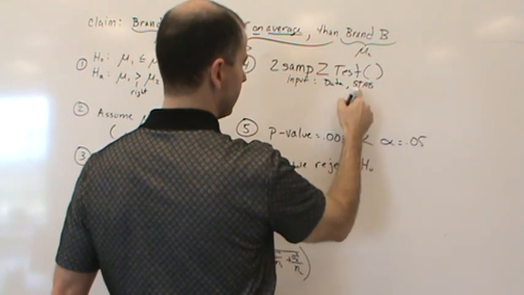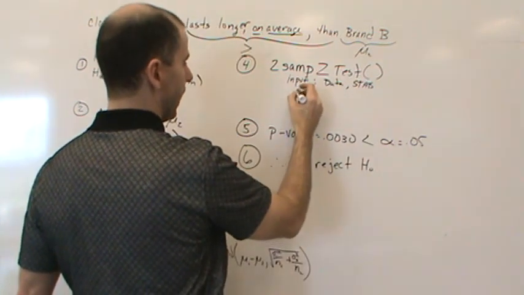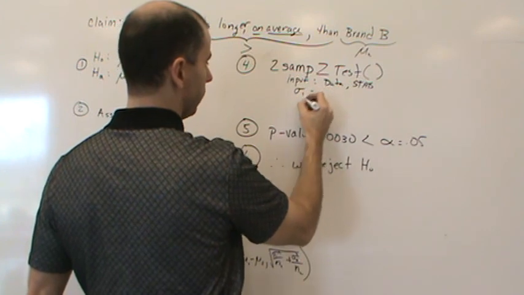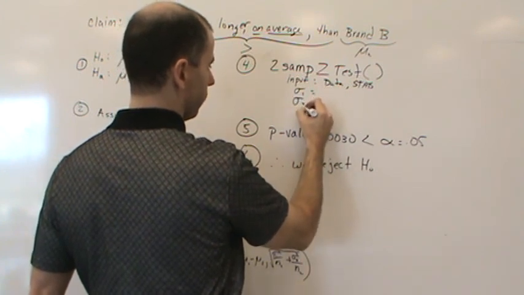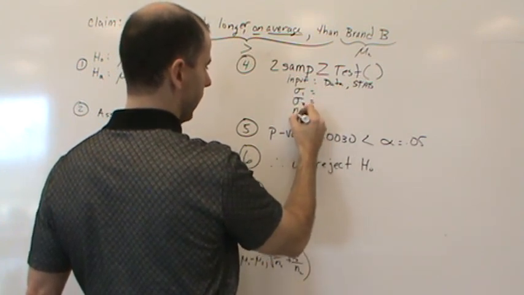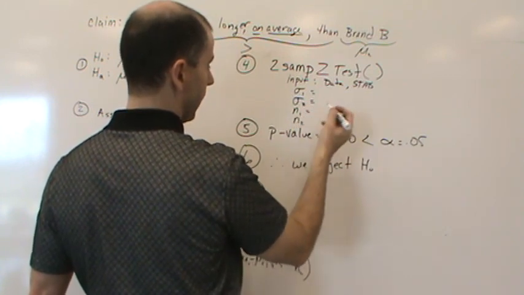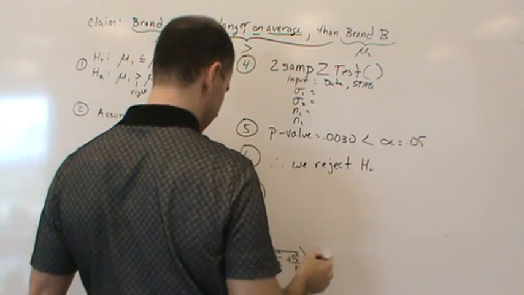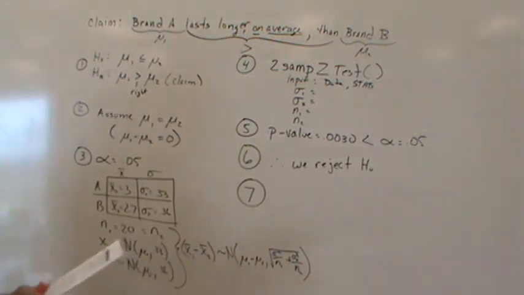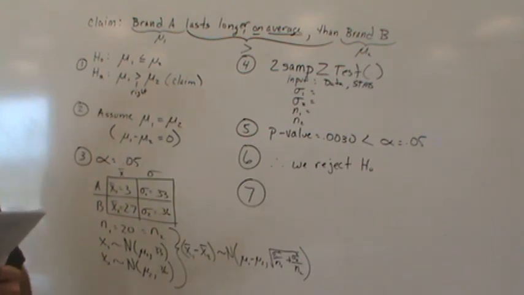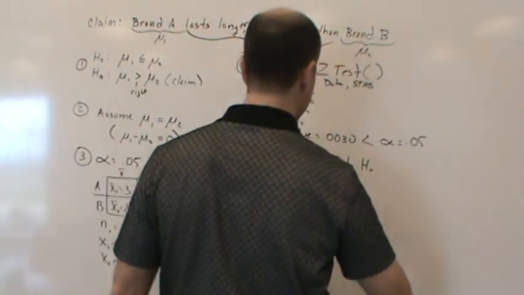Here we're using statistics. And then it's going to ask you for sigma 1, sigma 2. It's going to ask you for n1, n2. And it's going to ask you for x bar 1 and x bar 2. And then it's going to ask you for the alternative hypothesis.